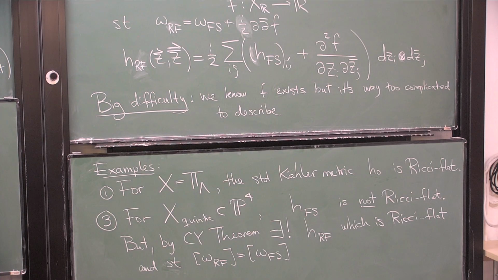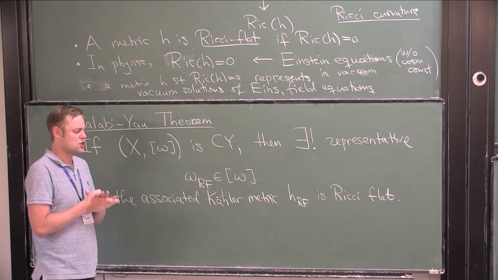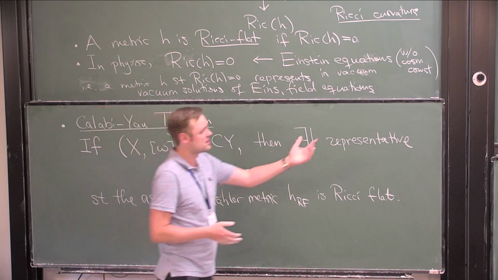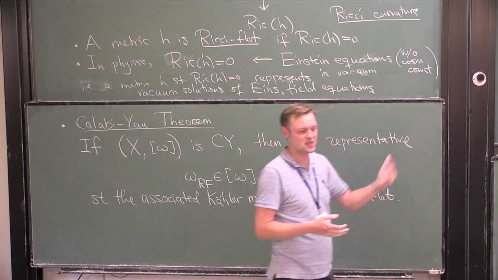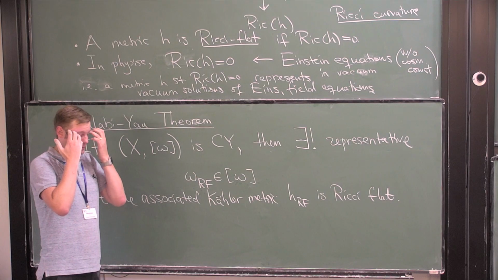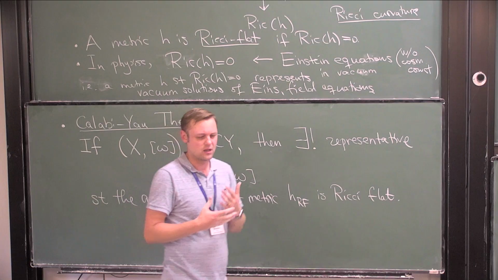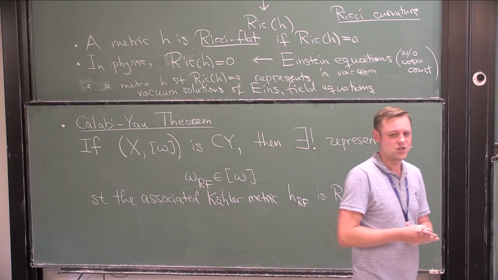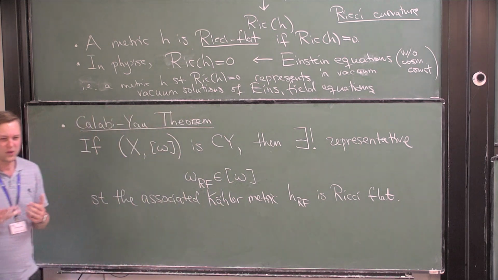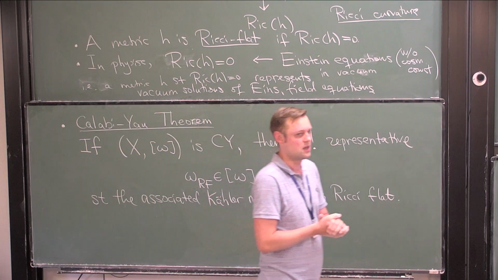So that means the volume form doesn't exist. The way you show that this f exists is you need to study a certain equation which is basically equivalent to a type of Monge-Ampère equation. And if you don't have a volume form, then that Monge-Ampère equation is somehow ill-defined. And that's roughly what's happening.